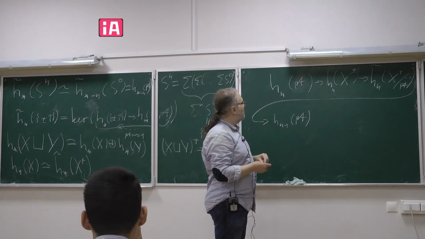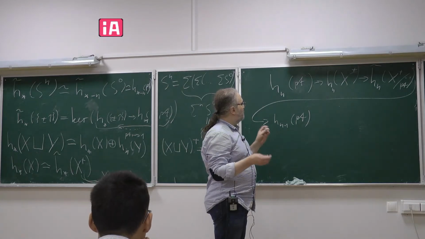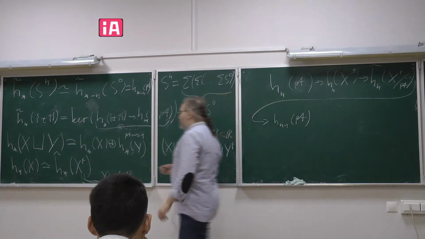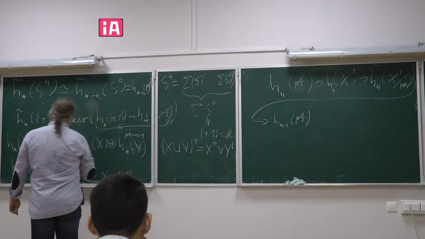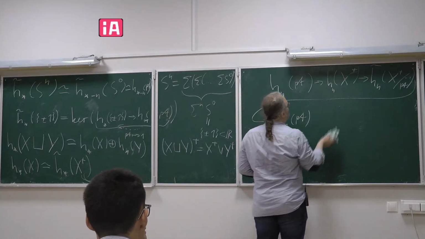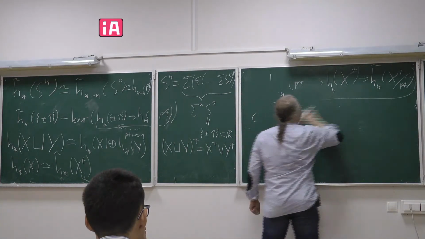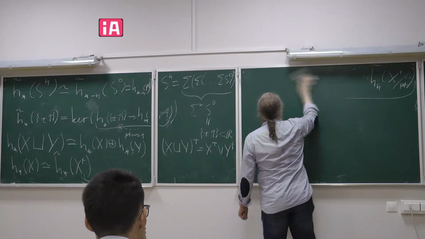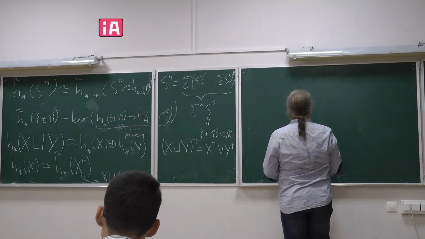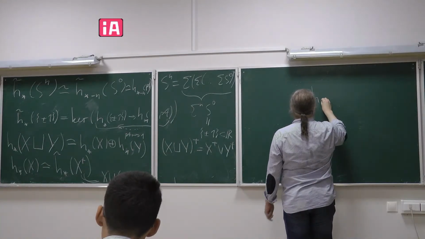No, I need the kernel of the map from this one to... sorry, no. Okay. I need an exact sequence which involves Hn.